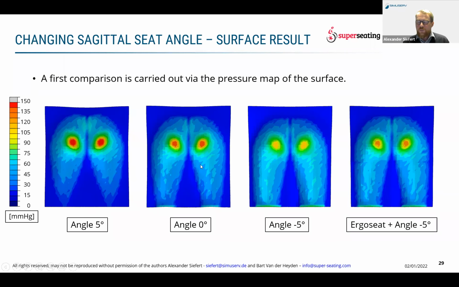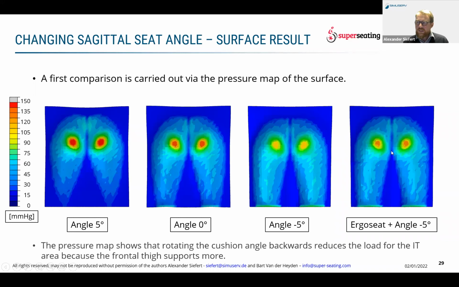If I get a little more support by the frontal part, I have a further reduction, and the ergo seat is somehow in between these two, because the back part is horizontal, so it's a little bit increased. So not really something new or special that we are interested in here.